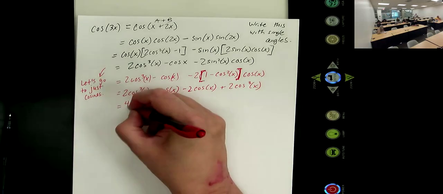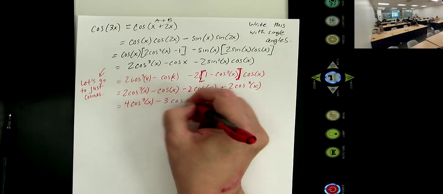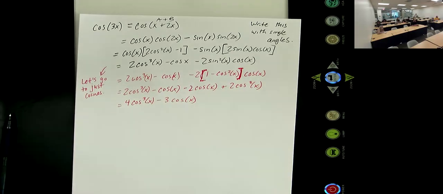And gathering like terms, 4 cosine cubed x minus 3 cosine x. That's pretty simplified.